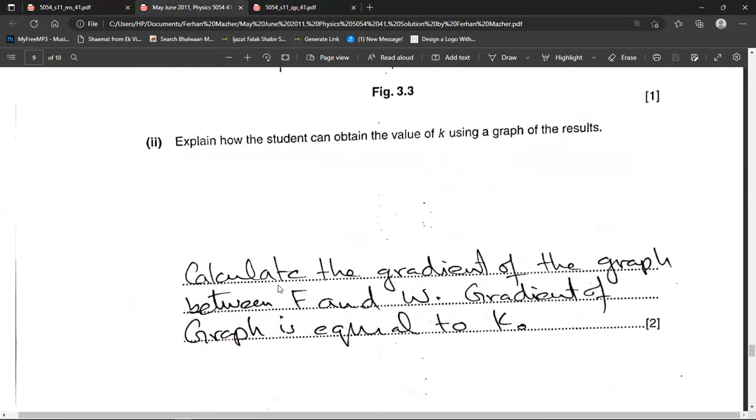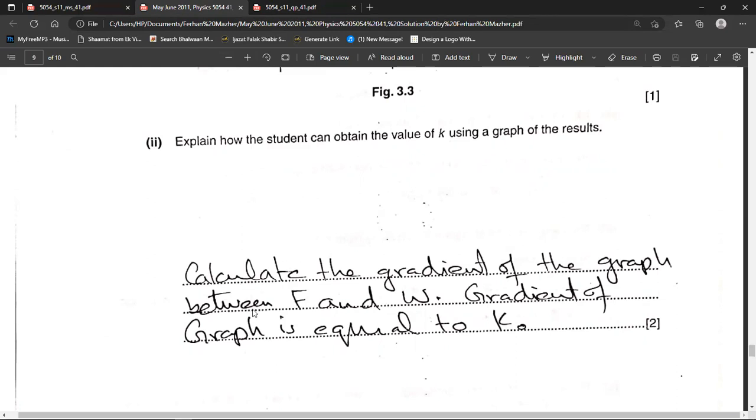And then you will join those points on the graph, and that will give you, I hope, a straight line. And then find the gradient of that graph. So the gradient of that graph will be equal to the k.